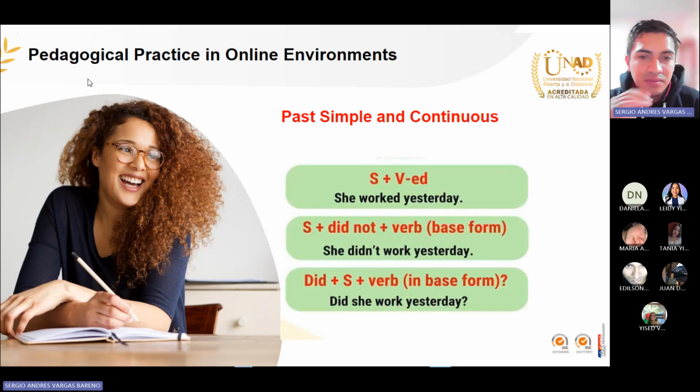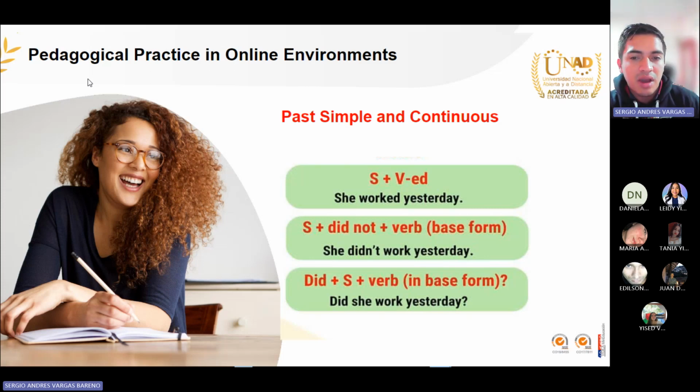Here in this part, we're going to jump into the past simple. The difference between the past simple and the present simple is in the verbs, because in past simple the verb has to change to establish the past tense, right?